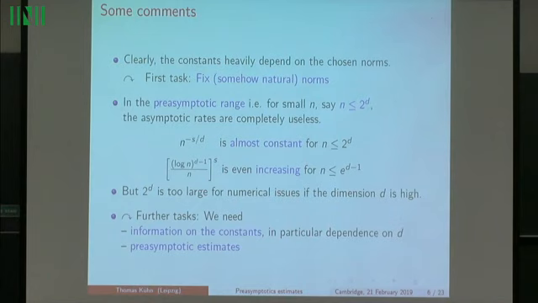So then 2 to 300 or whatsoever, this is too much for the computers to deal with. So that means what we need is information on the constants, in particular the dependence on d, and this might help in practice and pre-asymptotic estimates.